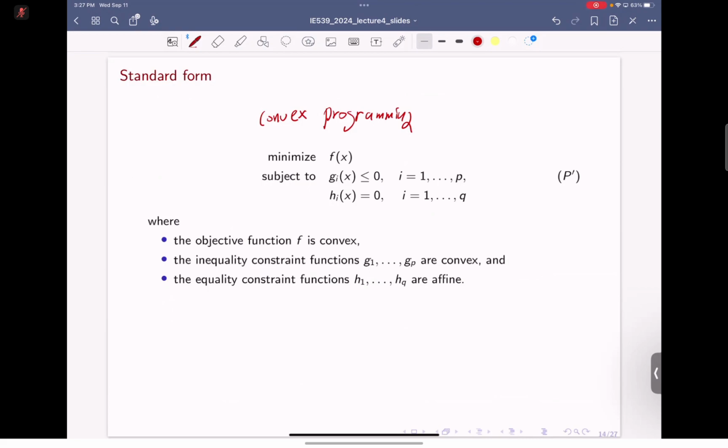When you want to set some equality constraints, this h_i here has to be an affine function or a linear function. So again, when f is convex and the inequality functions g's are convex and the equality functions h's are affine or linear, then this problem is convex.